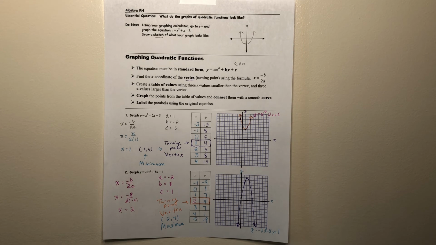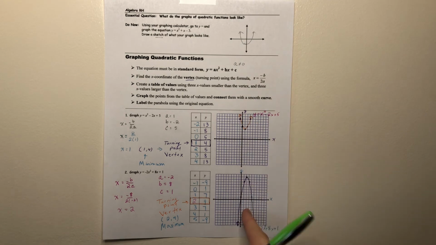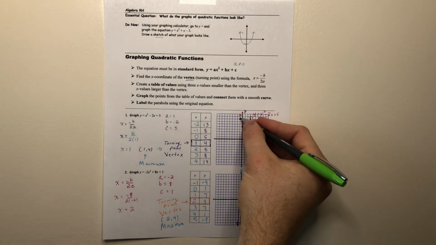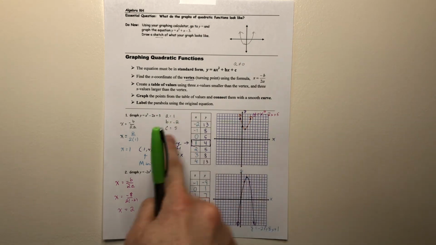And then lastly, we just want to sketch the axis of symmetry. Again, the axis of symmetry is nothing more than a vertical line in these two cases that will cut the parabola into two symmetric halves. Symmetry means it's the same on both sides.